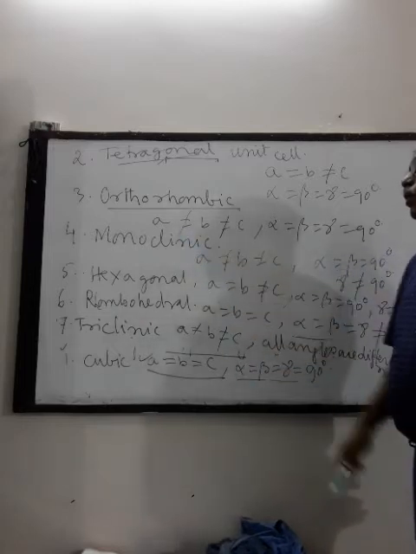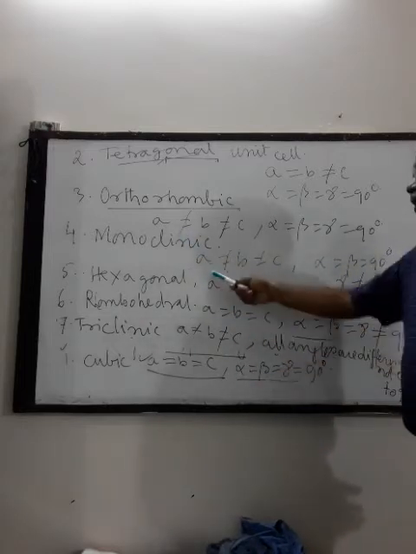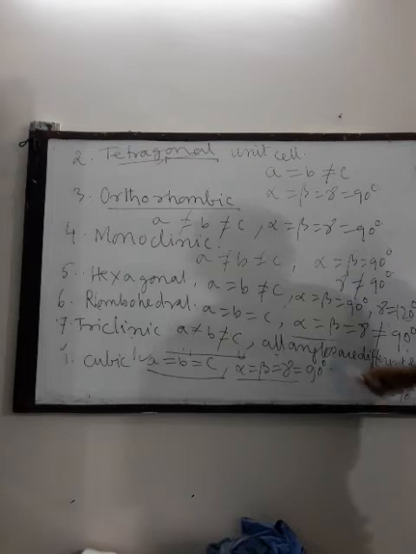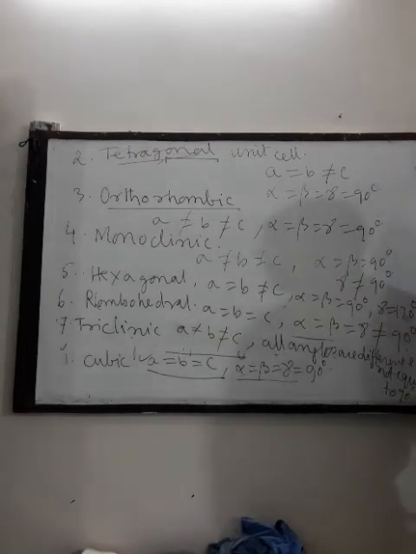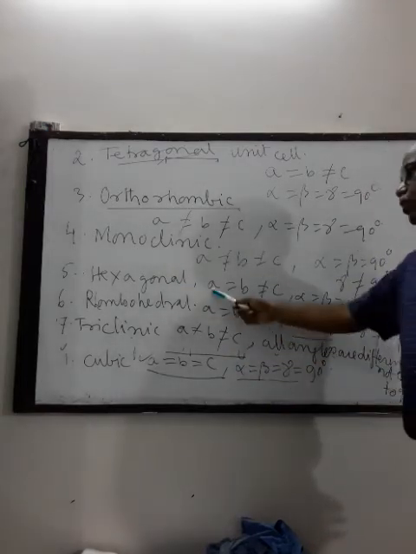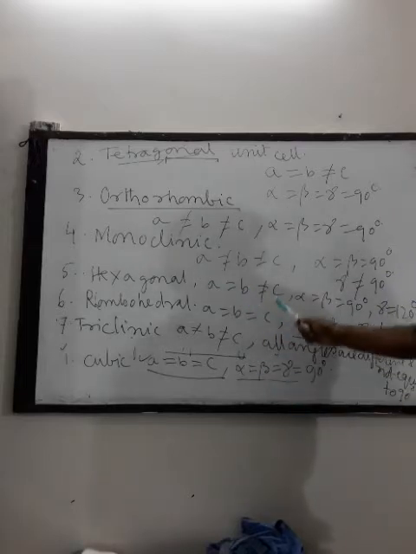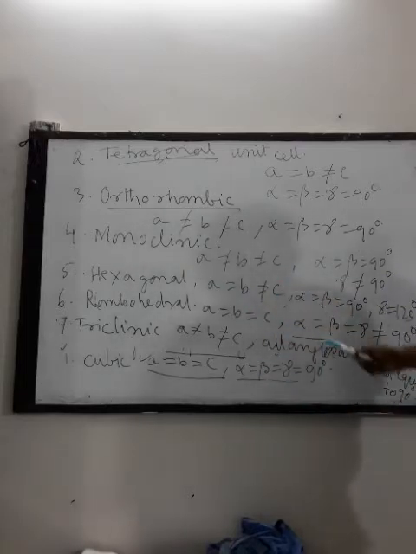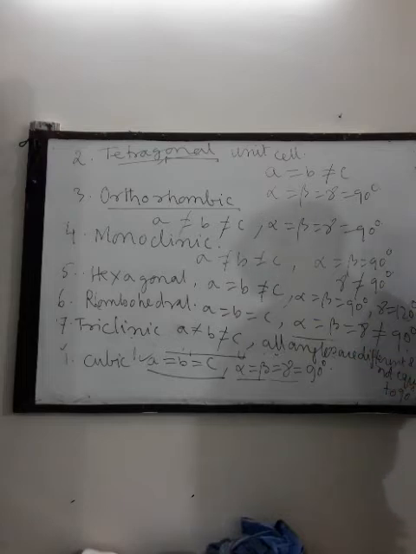Fourth one is called monoclinic, where all sides are different, two angles are equal to 90 degree and third angle is not equal to 90 degree. Fifth one is called hexagonal, where two sides are the same, third side is different, two angles are 90 degree and third angle is 120 degree.